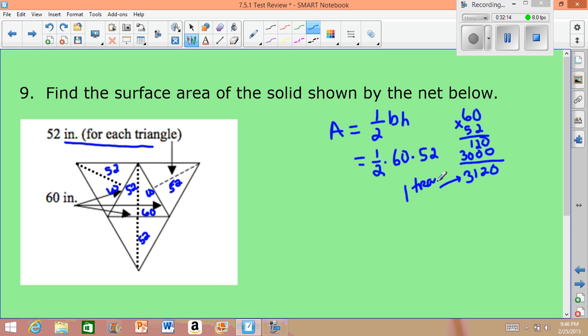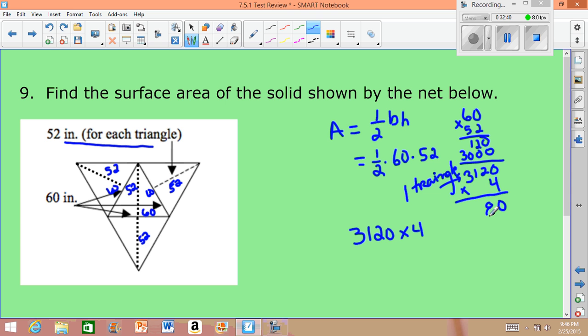In our net of this triangular pyramid, we have 4 triangles. So our next step is to take 3,120 and multiply it by 4 because all 4 triangles are exactly the same. So I can just take this right here and multiply it by 4.